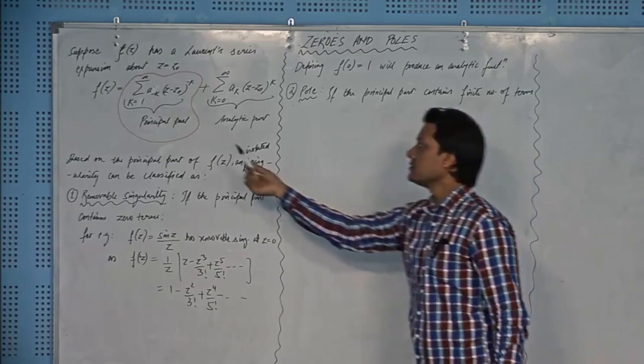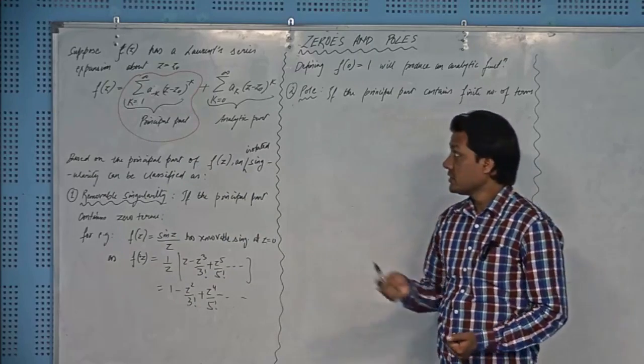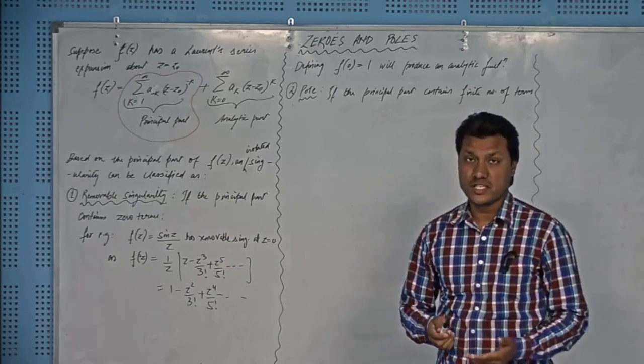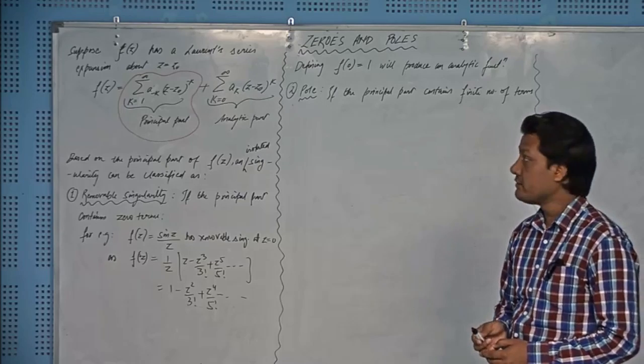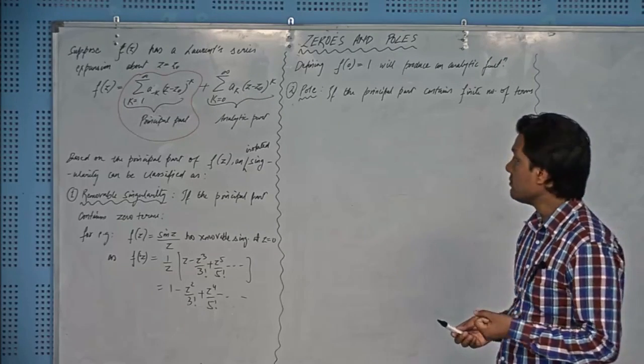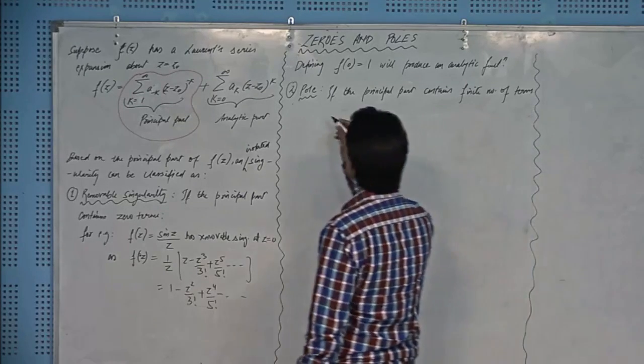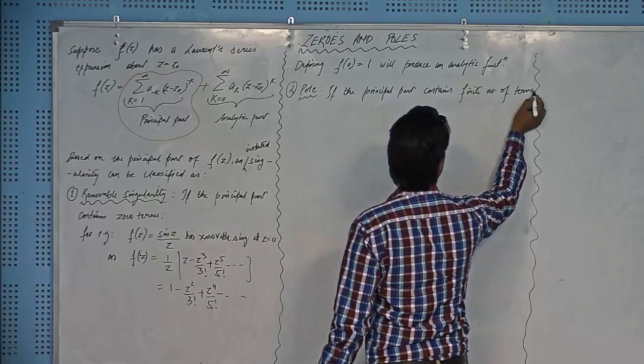This part, principal part, contains finite number of terms, means there are finite powers of z minus, negative powers of z minus z naught, right? Say you have the maximum negative power of z minus z naught is m, right? Finite number of terms, right?